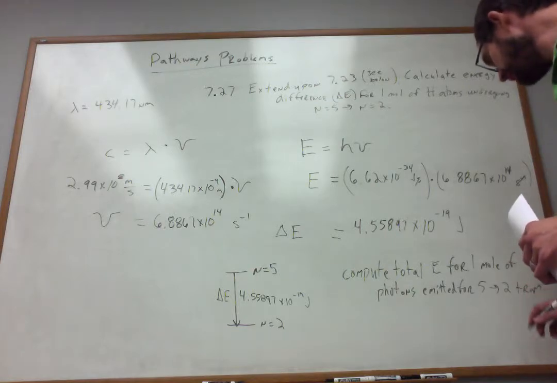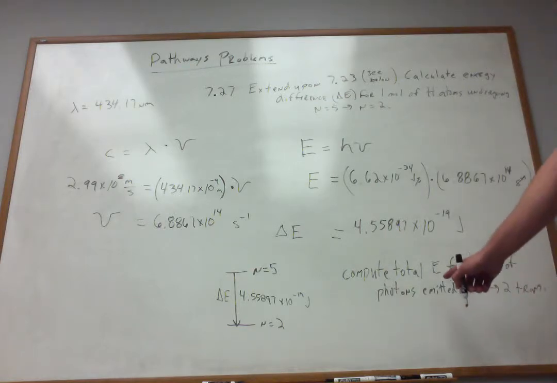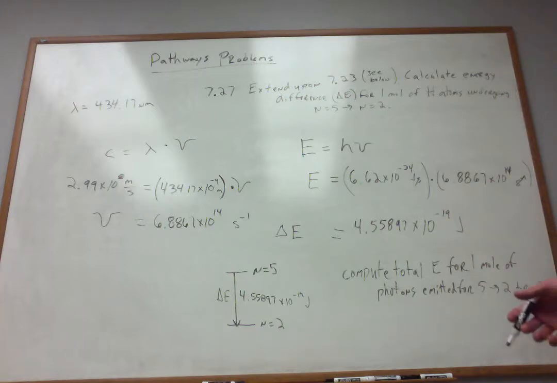Okay, so the wording is a little bit different here. If I asked you to compute the total energy for a mole of photons for the 5 to 2 transition in hydrogen, well, I can do that, right?